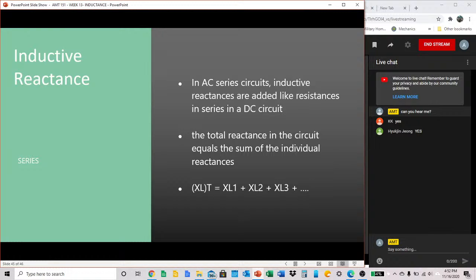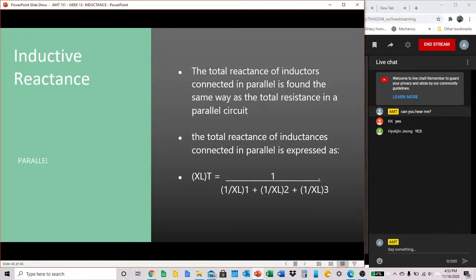The total reactance in the circuit equals the sum of the individual reactances. Here's your formula for inductive reactance in series circuits: total inductive reactance equals inductive reactance 1 plus inductive reactance 2 plus inductive reactance 3, and so on and so forth.